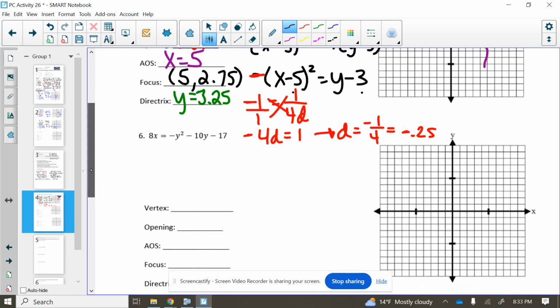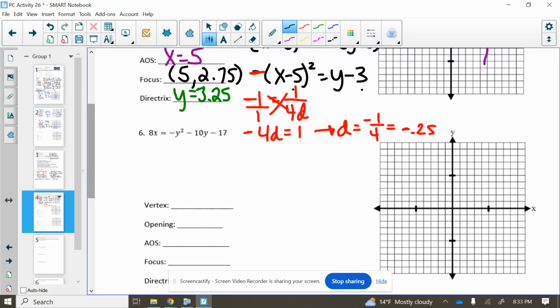Now, in the next example, if we kick the negative 17 over by adding to both sides, again, what we actually notice is that we have negative y squared minus 10y. And again, we need this to be a positive 1y squared in order to be able to complete the square.